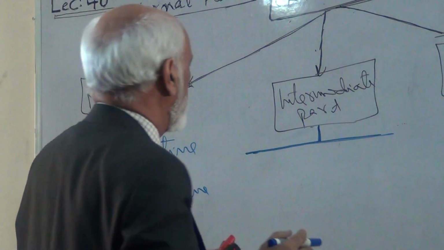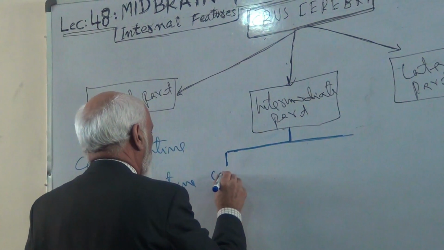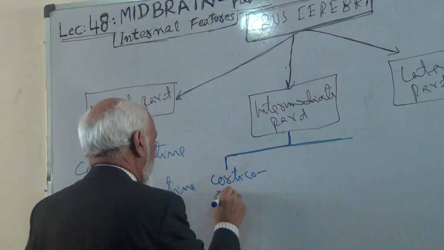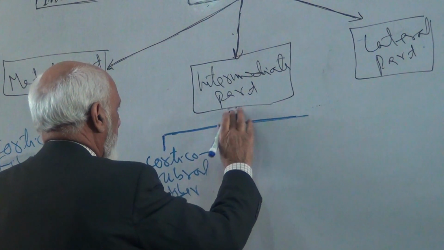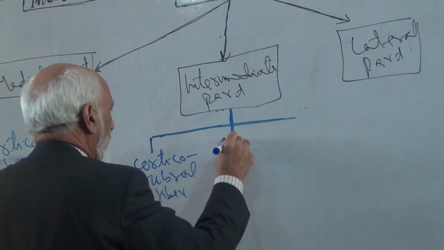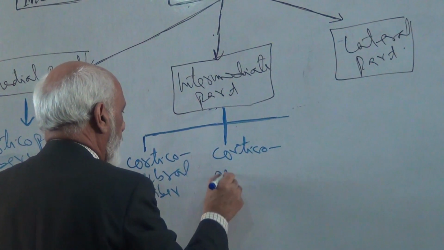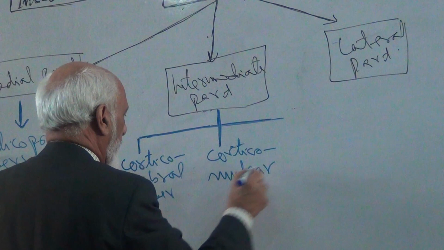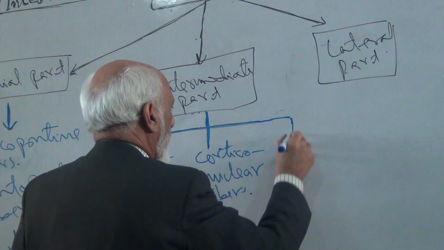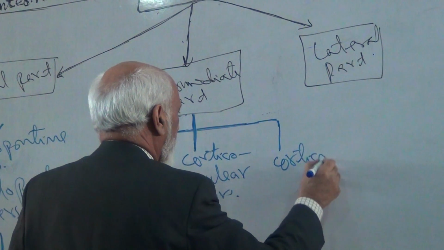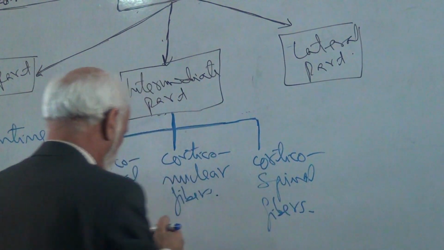These are corticorubral fibers, corticonuclear fibers, and corticospinal fibers.